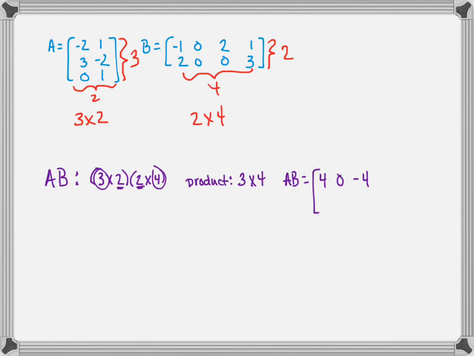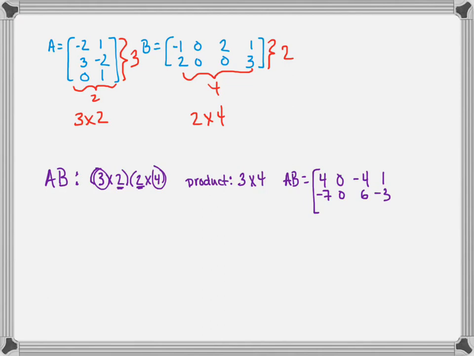Negative 2 times 1 plus 1 times 3 is 1. 3 times negative 1 plus negative 2 times 2 is negative 7. 3 times 0 plus negative 2 times 0 is 0. 3 times 2 plus negative 2 times 0 is 6. 3 times 1 plus negative 2 times 3 is negative 3.